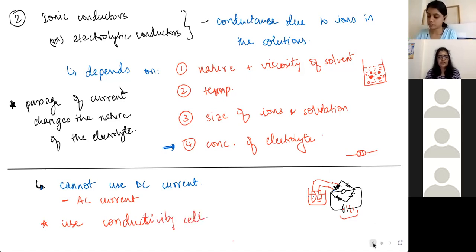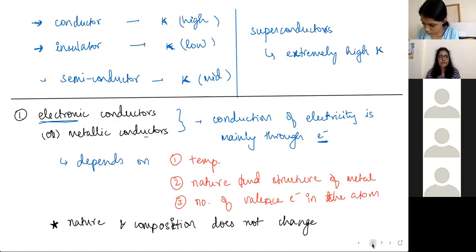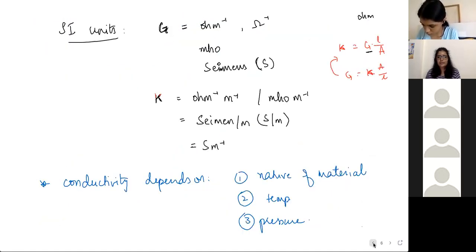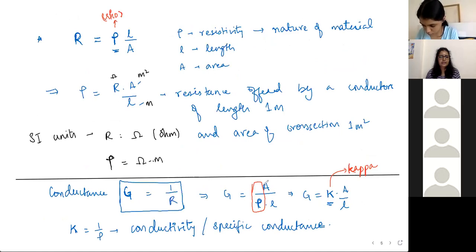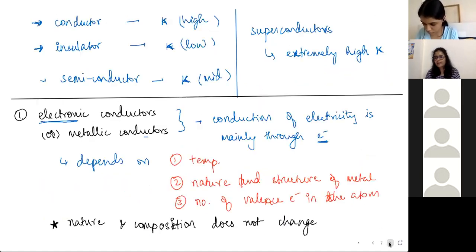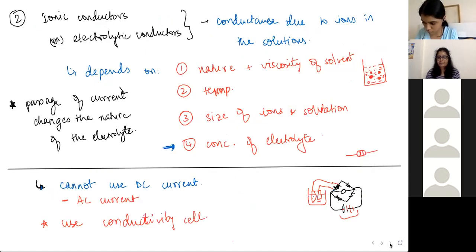In order to measure conductance, if you look at the formula, you need to be aware of the length and area of cross section, right? Now, how do you define that for a liquid? In order to fix that length and area aspect so that you can plug those values in the formula, you use a specialized setup.